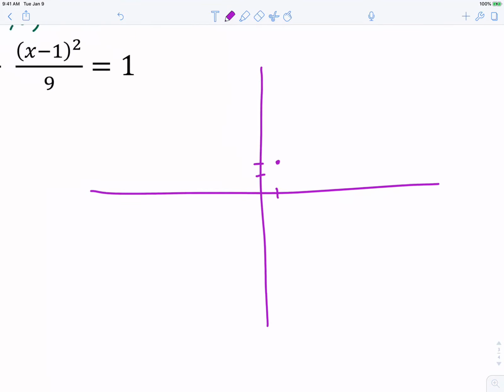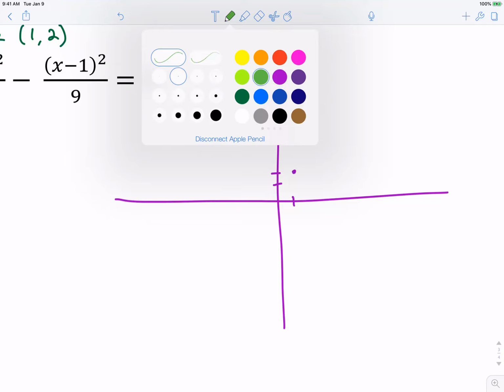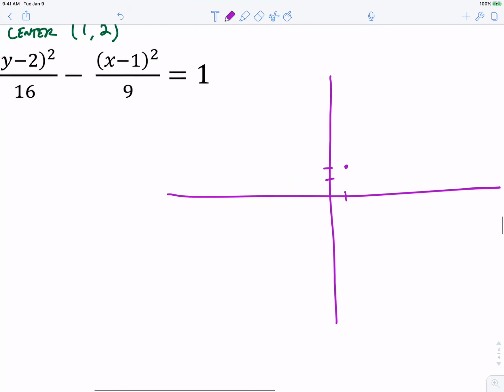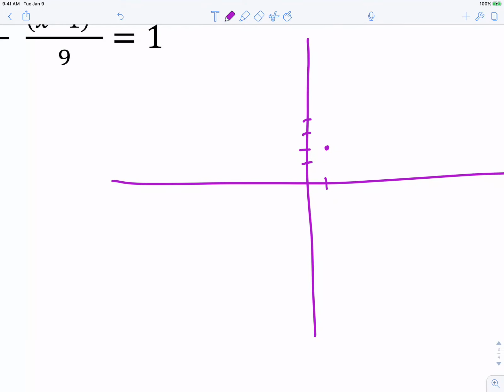Because the y is positive, I know that the transverse axis is going to go vertical, which means my vertices are on that. I don't want to put that on there, actually. It'll have too much going on the graph. Okay, so from here we go 4 in the y direction. So we go up to 6. I got my vertex there.